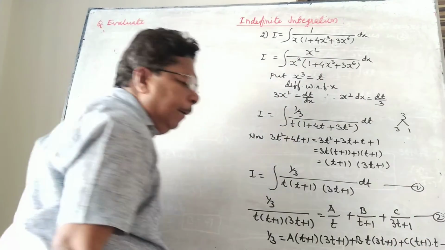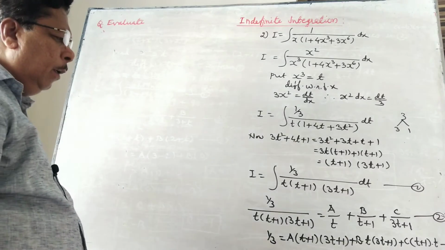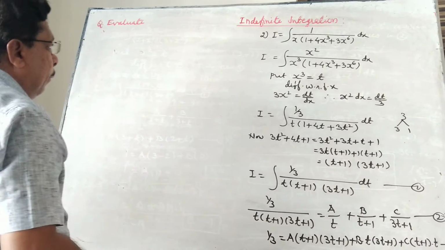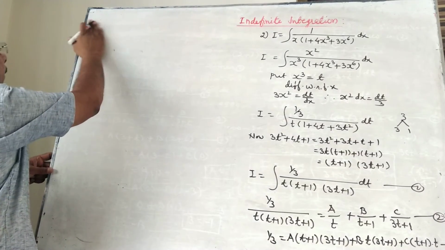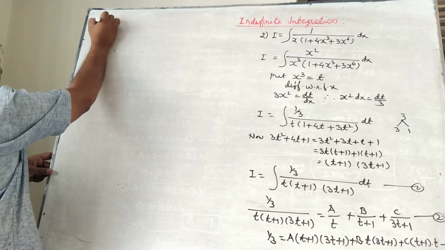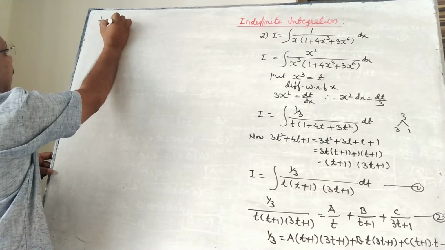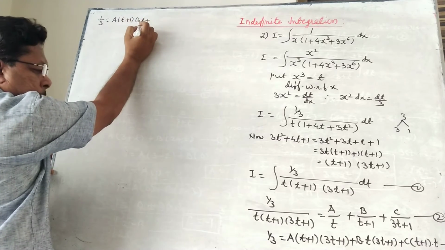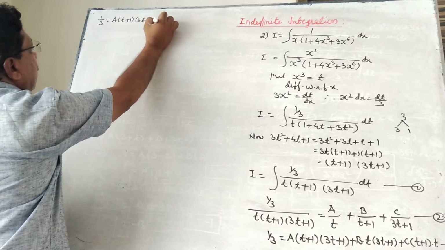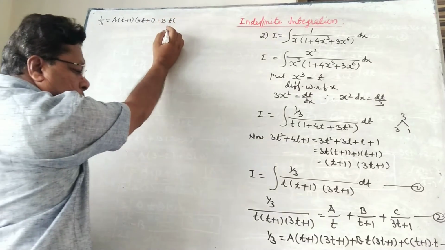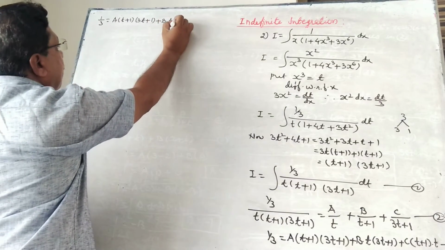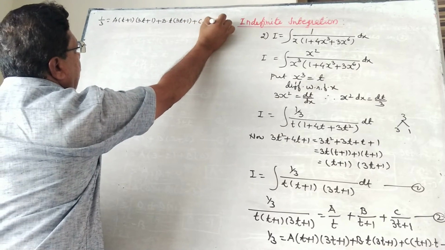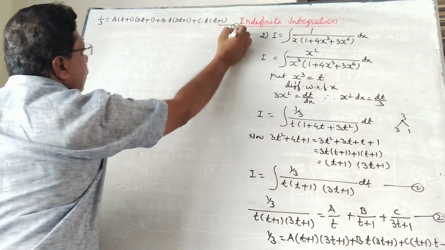Say this equation 3. The same term I will write here: 1 by 3 is equal to a into t plus 1 into 3t plus 1 plus b into t into 3t plus 1 plus c into t plus 1. Okay, this is our equation 3.